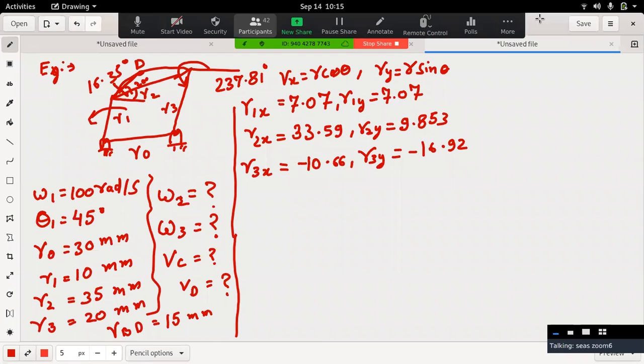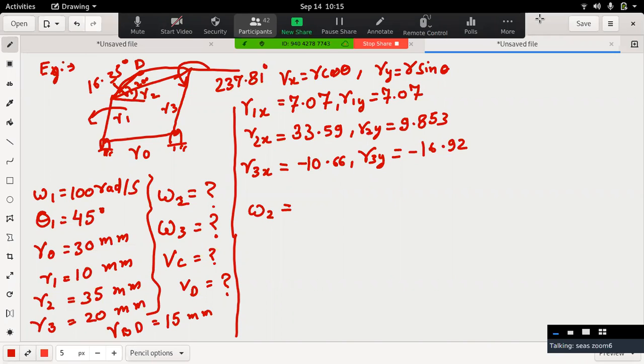So using the previous formula we have derived for omega, I am just expanding that formula which I had written earlier in the form of Cramer's rule. So how can we write omega 2?